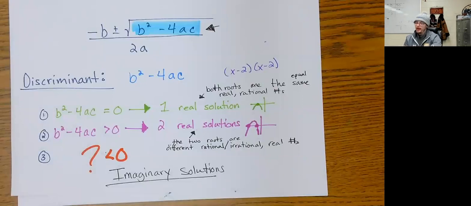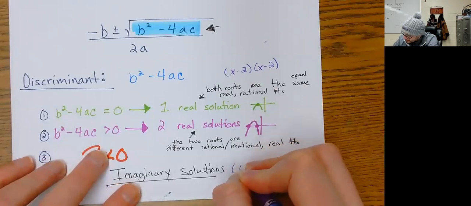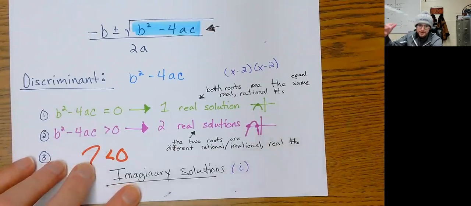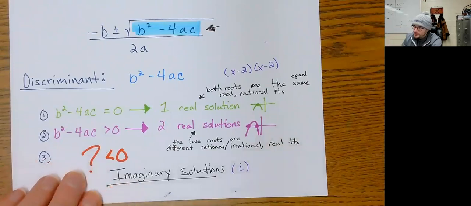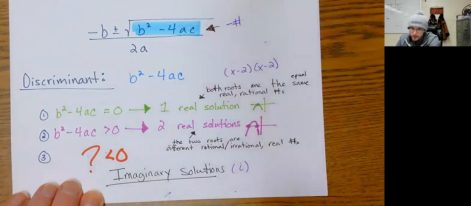Imaginary solutions are going to have an i, and we will talk about that in a later video. For now, all my students need to know is that if the discriminant is a negative number, then you are going to have two imaginary solutions.